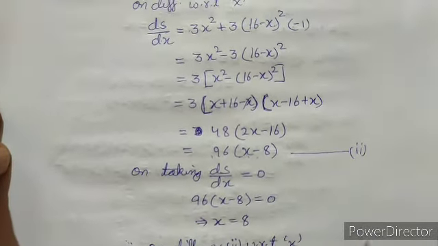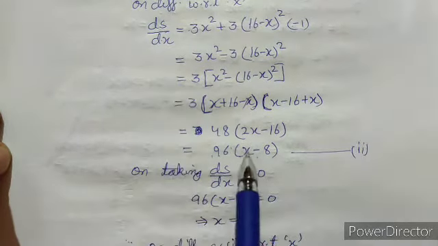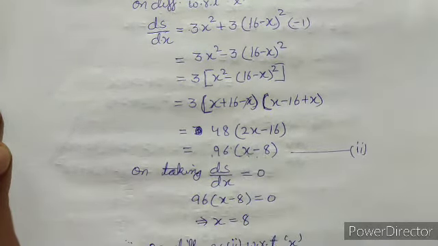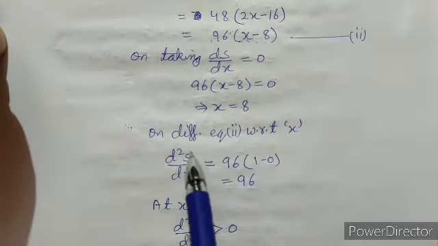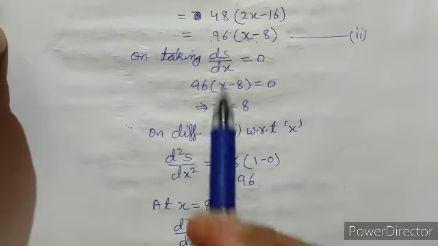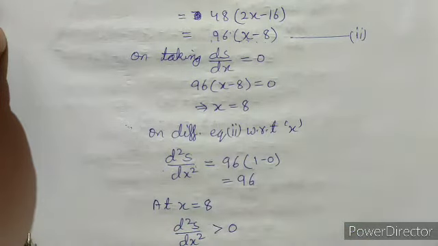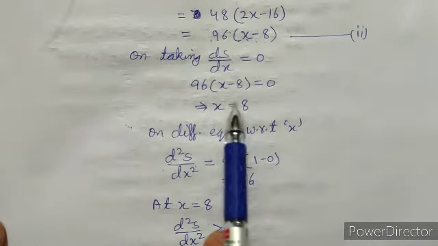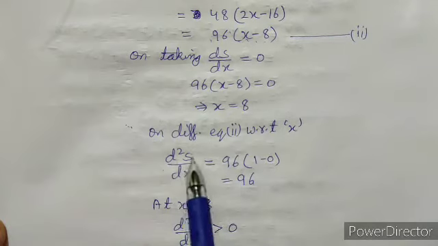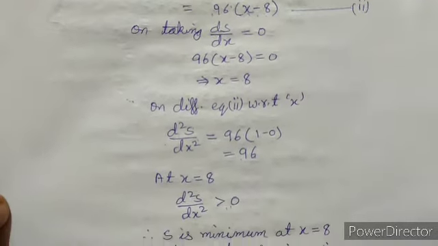On differentiating the second equation, that is ds/dx, with respect to x, we will get d/dx of ds/dx equal to d2s/dx square, and that will be equal to 96. Now at x equal to 8, d2s/dx square is 96, and that is greater than 0.